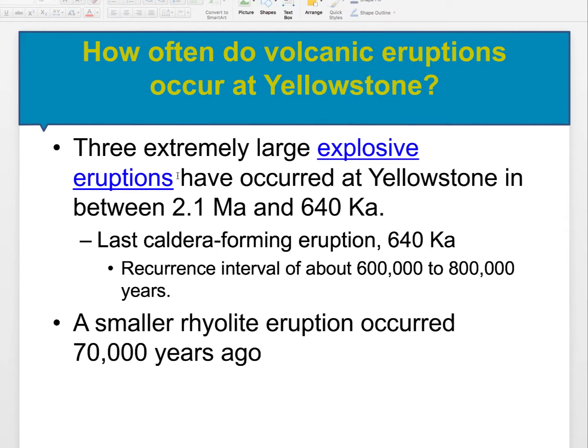So we see that there were 3 extremely large explosions between 2.1 million years ago and 640,000 years ago, and that last big eruption was 640,000 years ago. Looking at those eruptions, the recurrence interval seems to be anywhere between 600,000 and 800,000 years, right? So remember, Ka stands for thousands of years, Ma millions of years ago. And remember, the most recent eruption occurred about 70,000 years ago, but that was a small rhyolite lava flow.